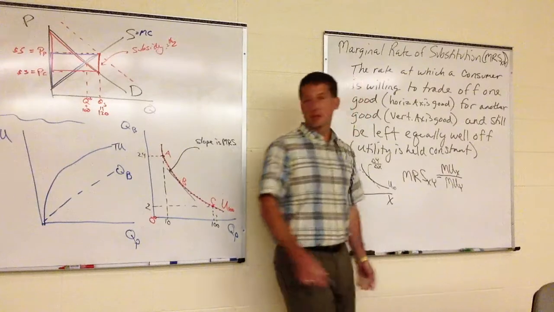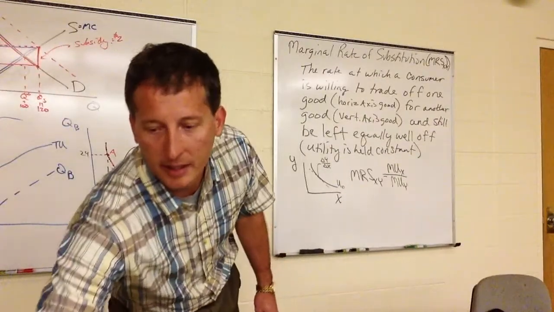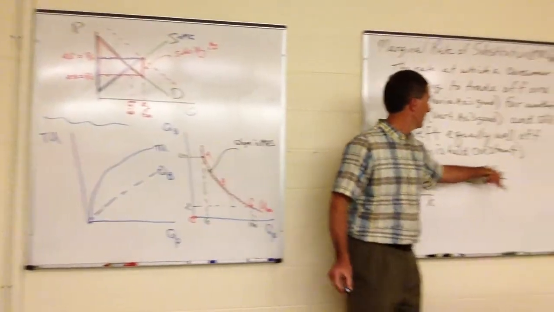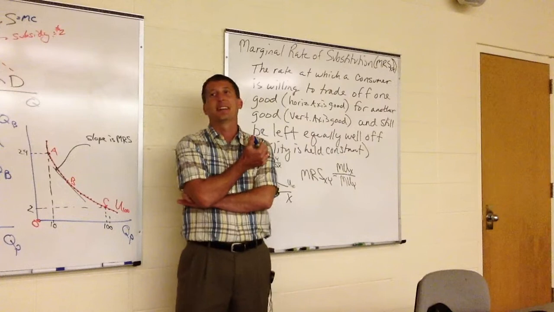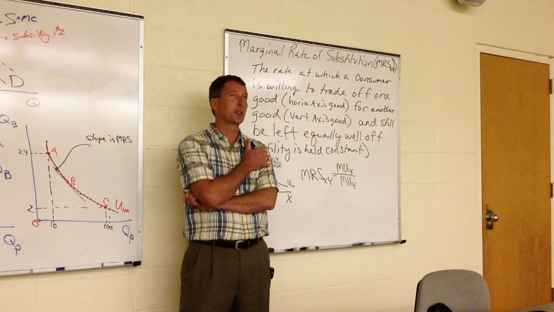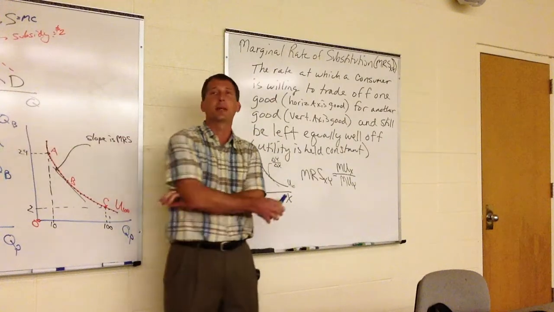Now, back to principles class. What is the marginal utility of x-rays? What does that look like from a formula standpoint? You're looking at the marginal utility of x-rays, the marginal utility of pizza, the marginal utility of beer.